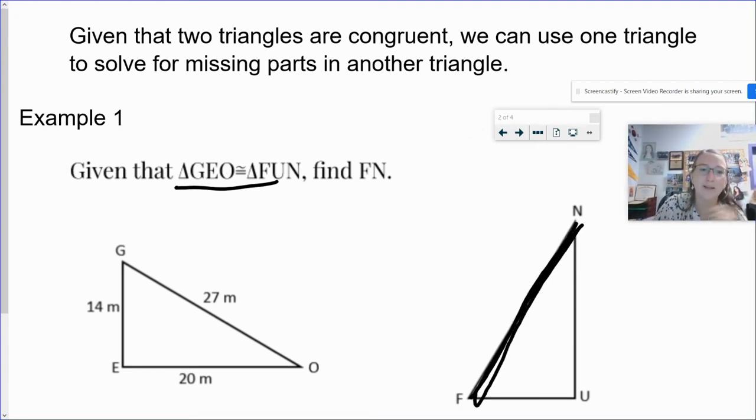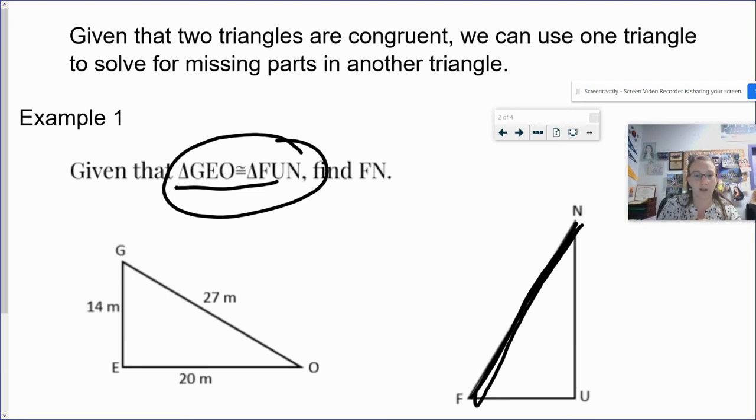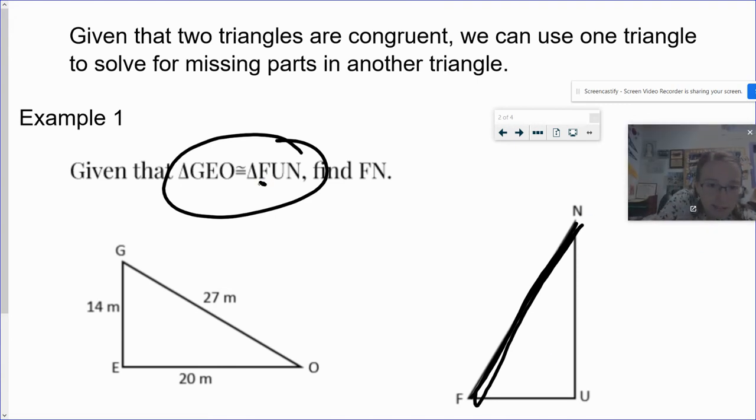Now, we can probably tell based off the picture, but that is a terrible idea. Never base your answers off the picture. You need to base it off the congruence statement. Super duper important. So if you notice here, we want to find FN, this side. Notice that F is here and N is here in triangle FUN, because geometry is fun.